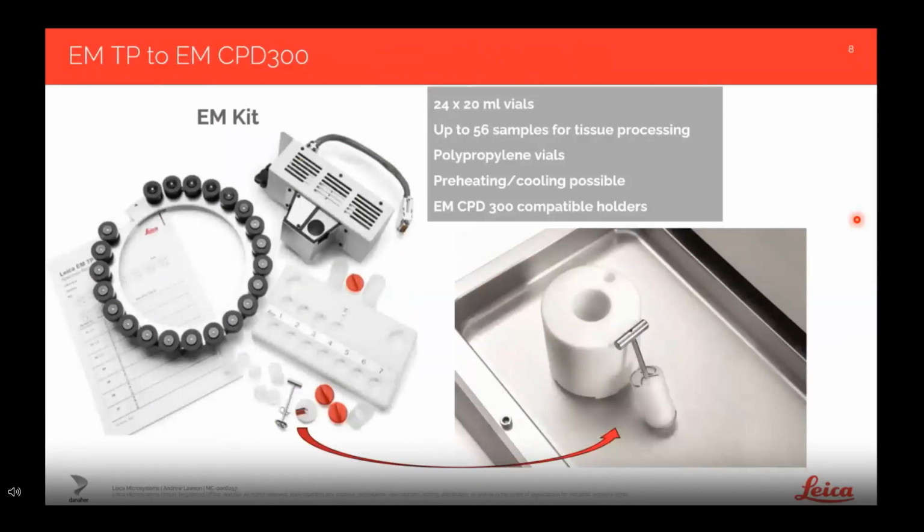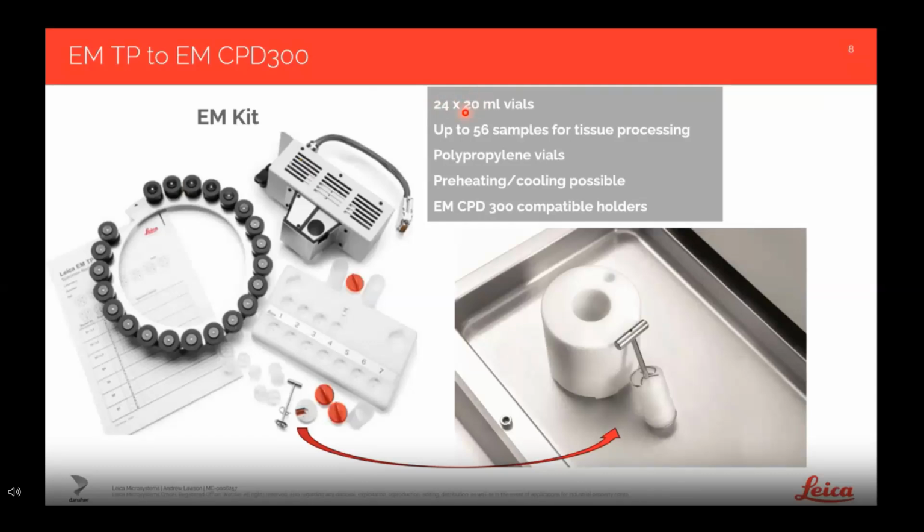Okay, so the TP, it's basically a carousel-based system. Each of these circles that you see represents the position of a vial. This particular carousel can have 24 vials that are 20 mils apiece.